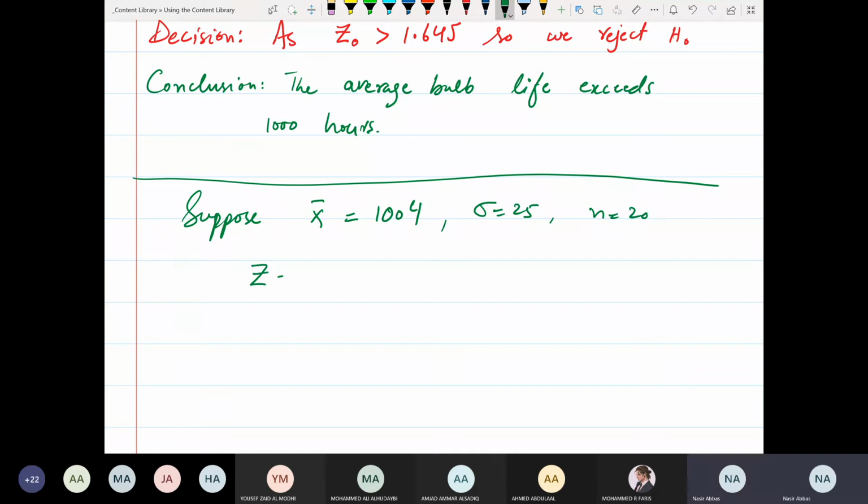In that case, your Z will be 1004 minus 1000 divided by 25 over root of 20. What do you get? Calculator. 0.715.